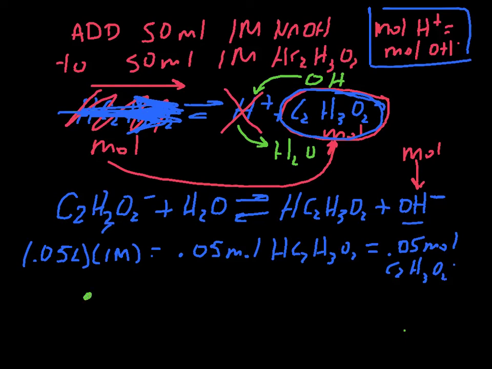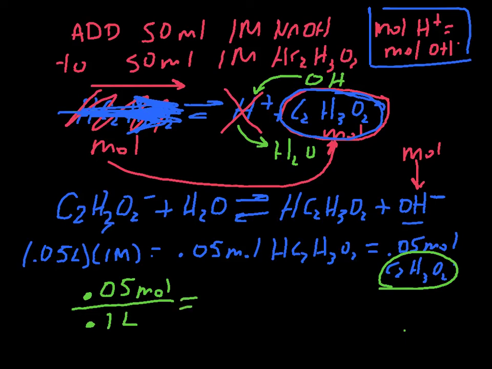So I'm going to take that 0.05 moles of the salt, divide it by 0.1 liter, and what I'm going to end up with is 0.5 molar. Alright? So that is the concentration now of the acetate ion.